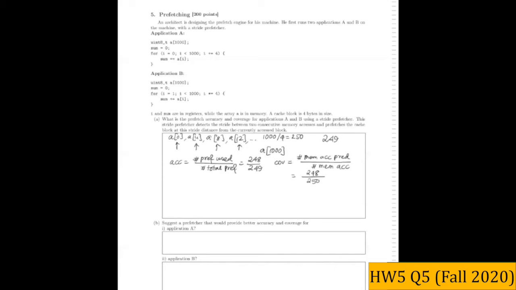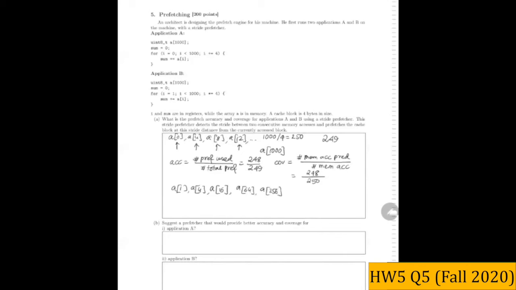Now let's see what the stride prefetcher's accuracy and coverage would be for application B. As we can see, application B will access only the array elements A1, A4, A16, A64, and A256.